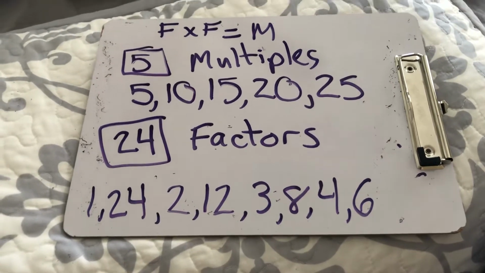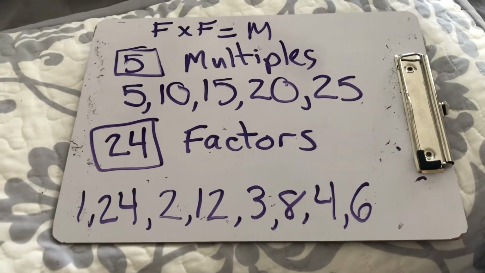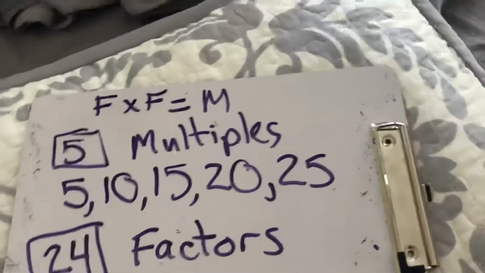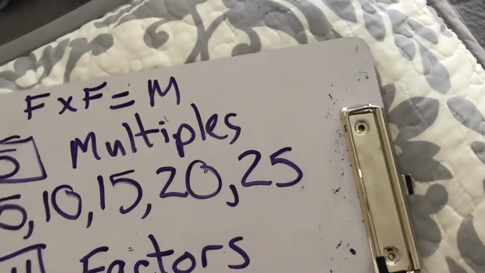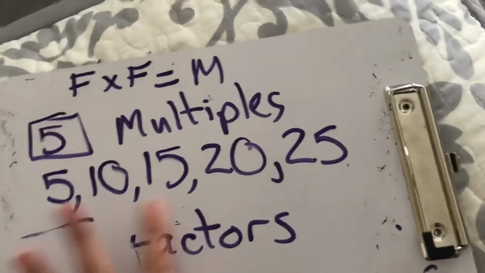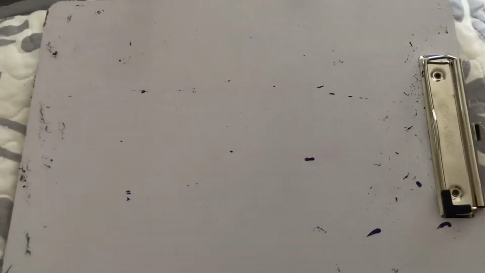Now I'm just going to do a quick explanation of what a prime number is. When you are finding factors of a number, they might ask you if the number is prime or composite.